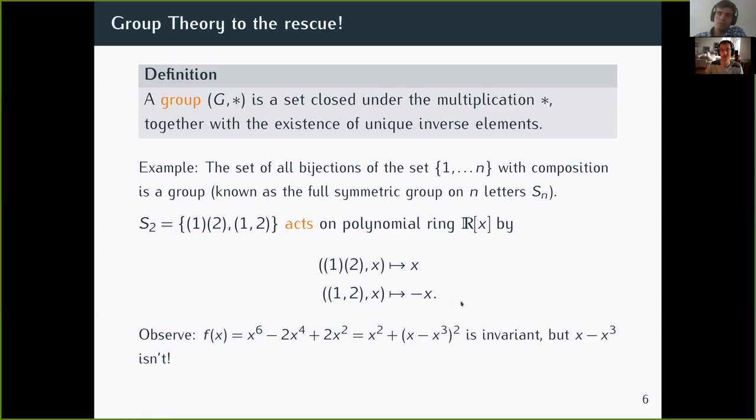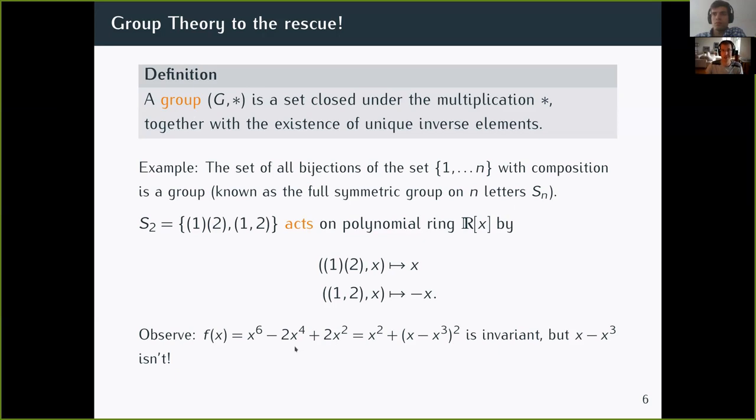So not only is every variable sent to its negative, but every polynomial is sent to the induced polynomial. For example, the polynomial x^6 minus 2x^4 plus 2x^2 is invariant under this action, because we can see that all exponents are even.